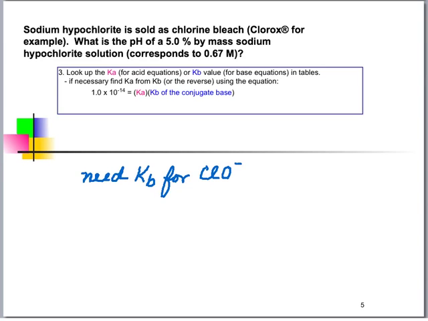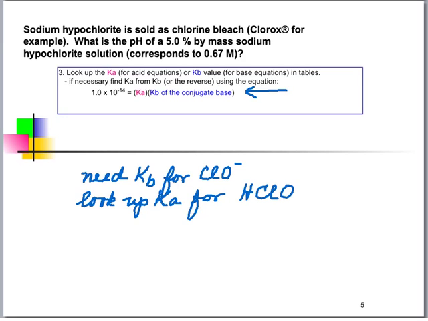In order to get the value from the table, we are going to have to look up the Ka of the conjugate acid and use the equation shown. So you're going to look up the Ka for, adding H+ makes it the conjugate acid, hypochlorous acid.